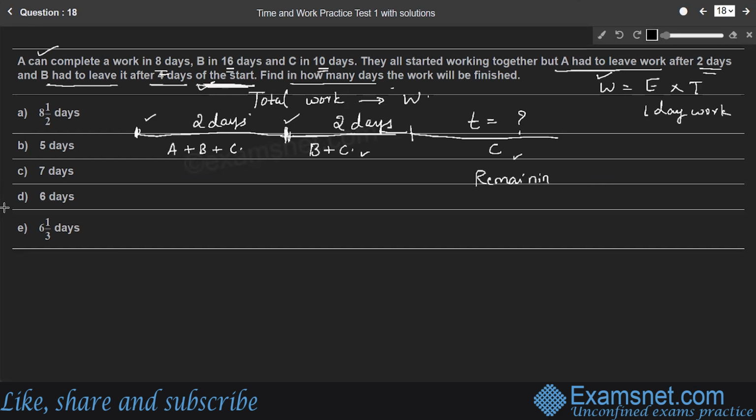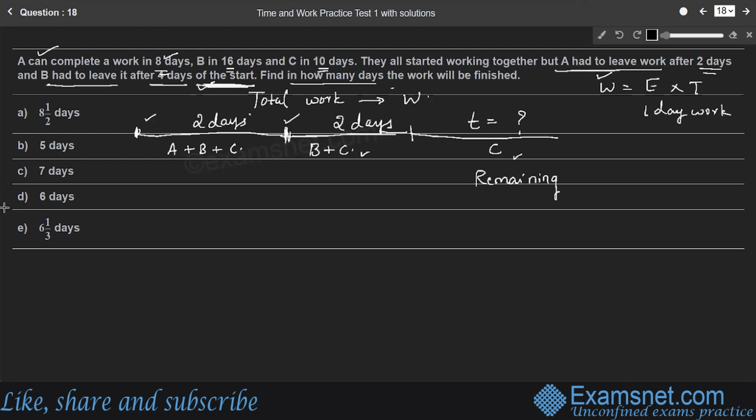To find the remaining work, we need work done by A, B and C in the first 2 days. For that, we need their efficiency, their 1 day work. A can complete the work in 8 days.